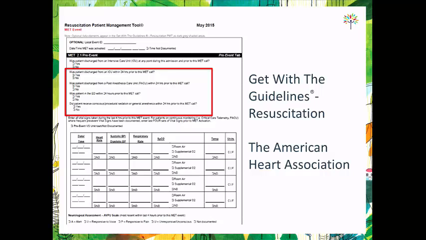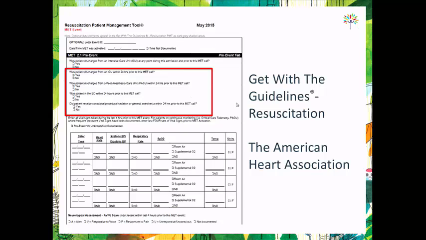Here I've pulled out, and this is readily accessible if you go to the AHA Get With The Guidelines website, a great data set where they collect data from hundreds of hospitals across the US. They have the standard MET form, and other standard forms too that are readily accessible.